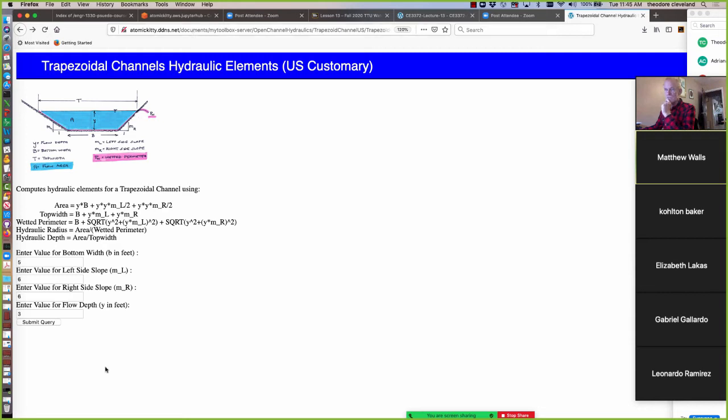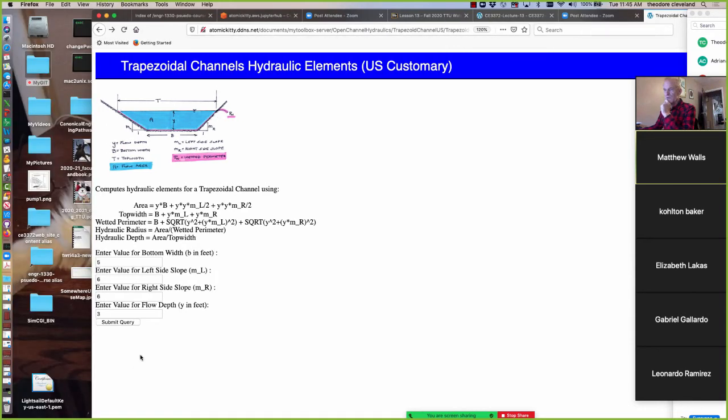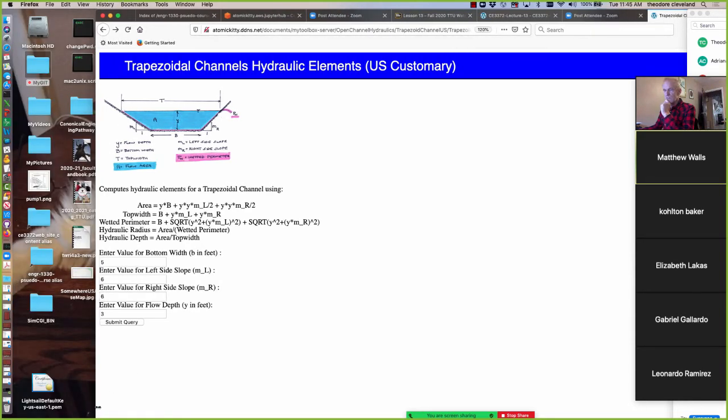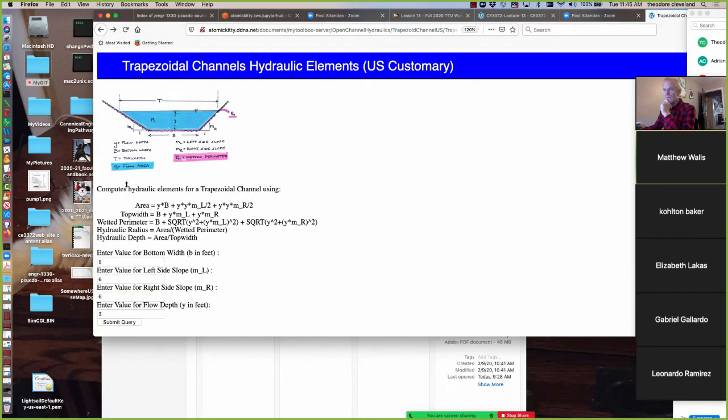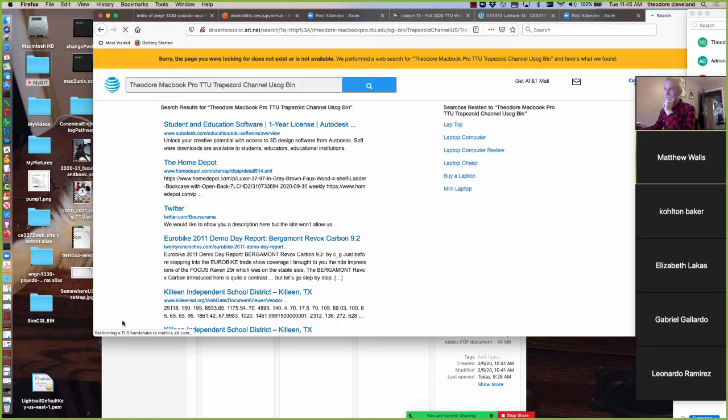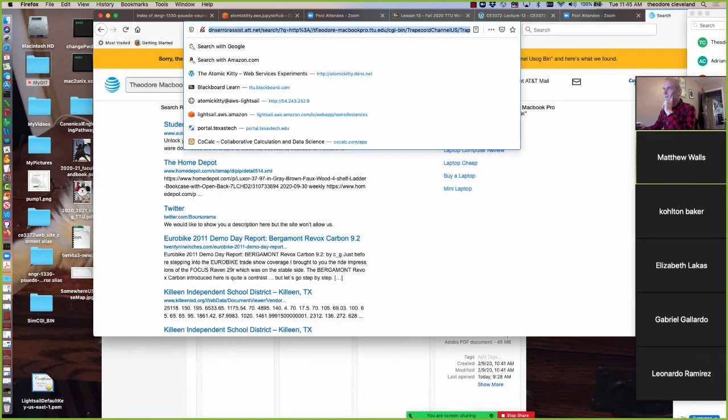It's trying to go to the wrong server. I'll show you what it's trying to do. When I click on this, it's supposed to go to Atomic Kitty DDNS CGI bin and then find the Python script that evaluates it, but instead it's going to a machine called Theodore MacBook Pro, which doesn't exist anymore.